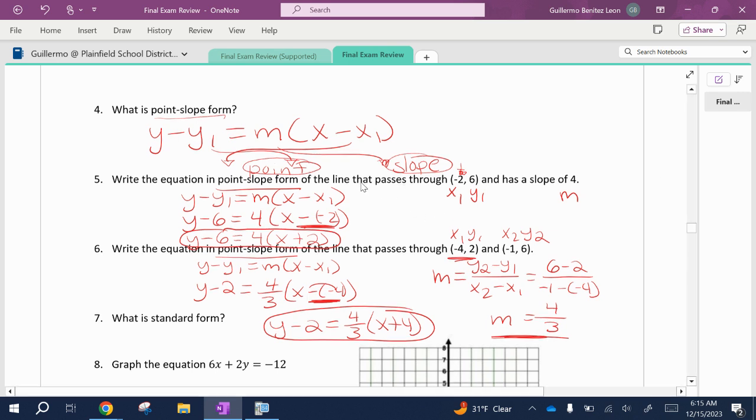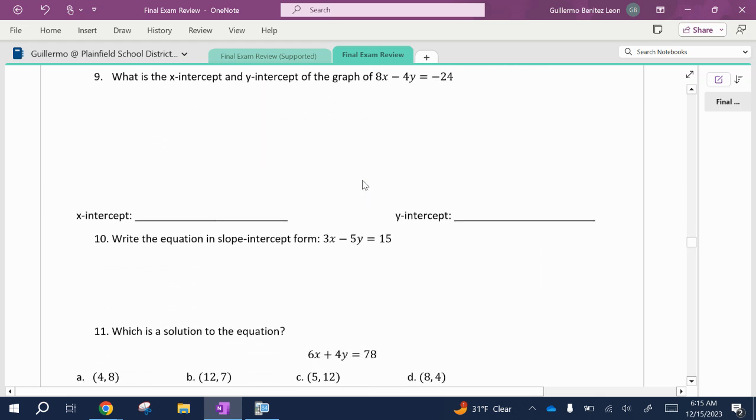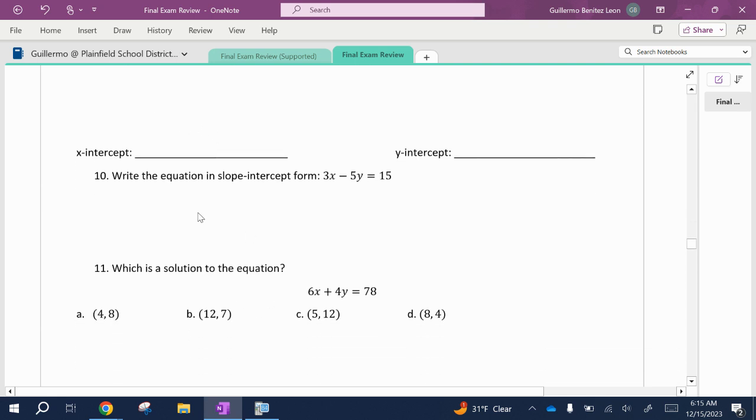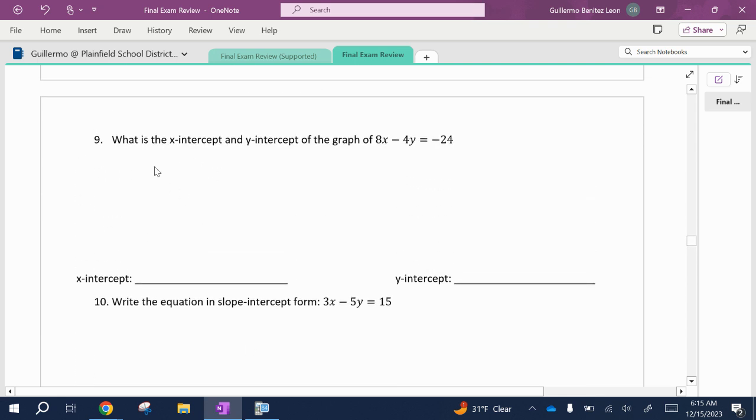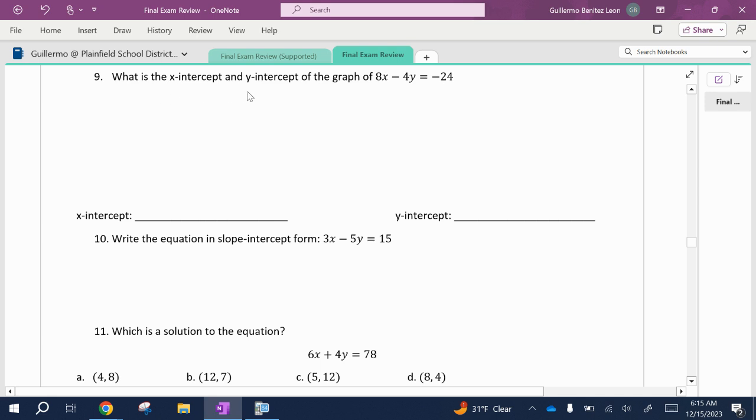From here, I'm going to skip to number 9. There's usually a ton of mix-up between number 9 and number 11. Number 9, what is the x-intercept and y-intercept of the graph of 8x minus 4y equals negative 24?